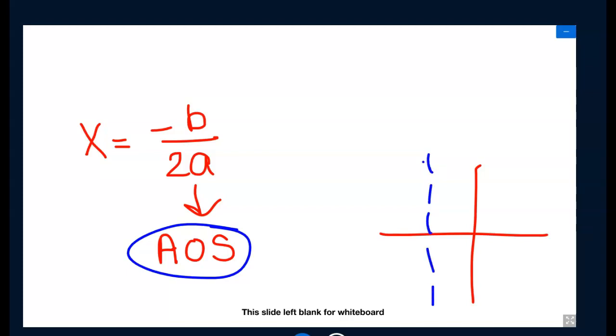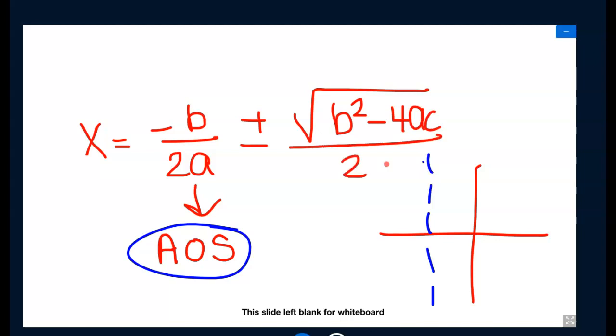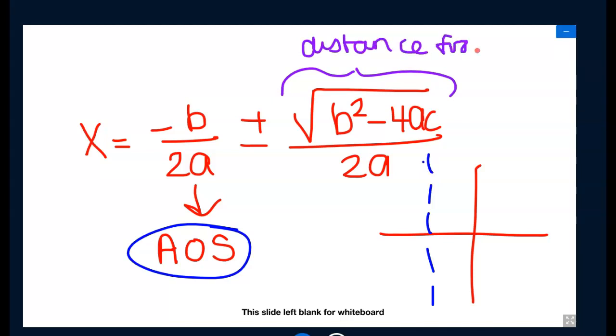The second part to that formula is a positive and a negative, right? And then you are adding or subtracting the discriminant, this piece of information here. This represents the distance from the AOS.